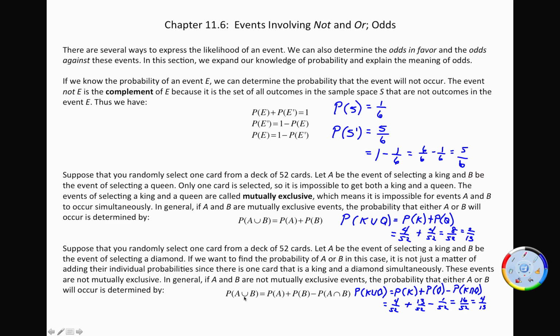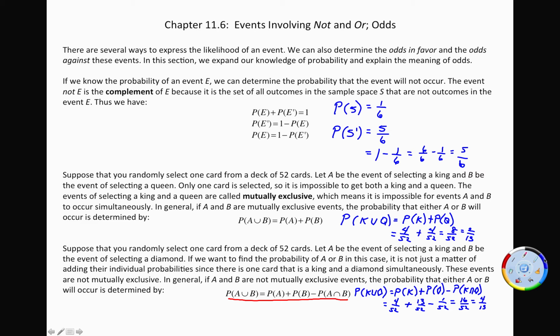Notice this is the formula for an OR probability when events are mutually exclusive. This is an OR when they're not mutually exclusive. But really, this one right here is really the only one I need to be concerned with.